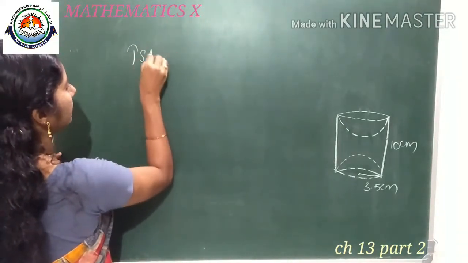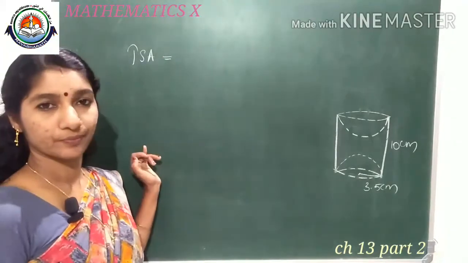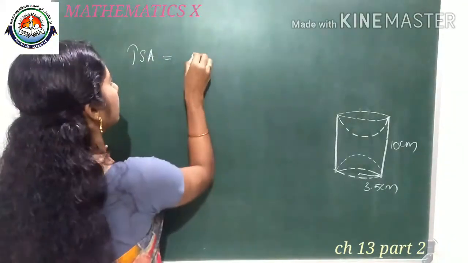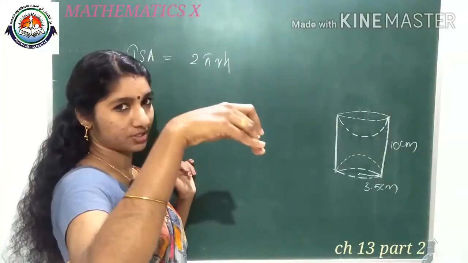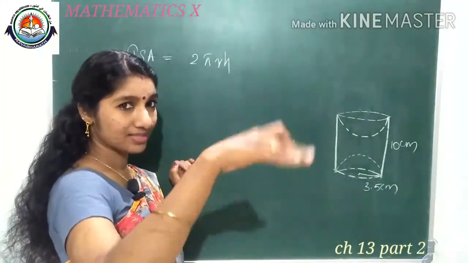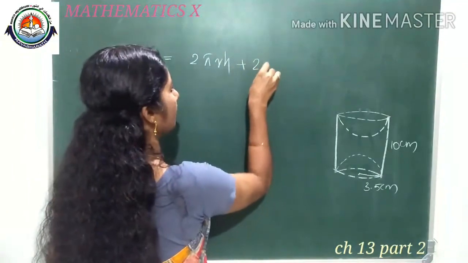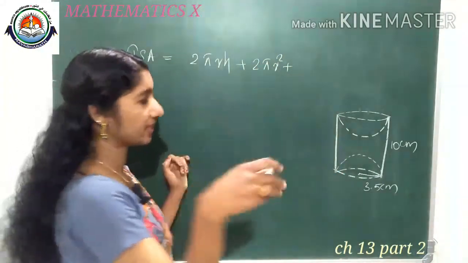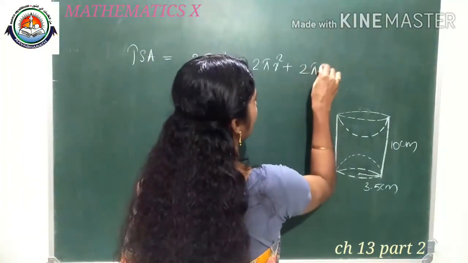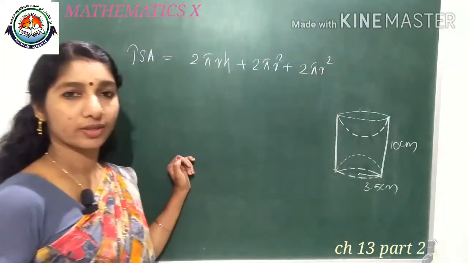So, total surface area is equal to 2 pi rh, the curved surface area of that object, plus this one, that is 2 pi r square, the bottom hemispherical shape, that is one surface is formed. So, 2 pi r square.